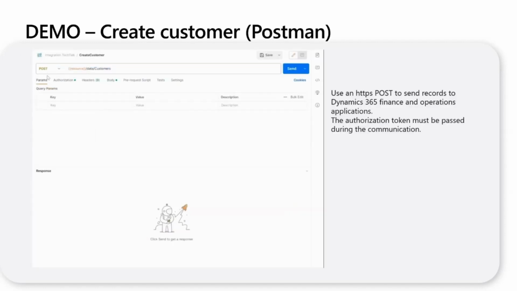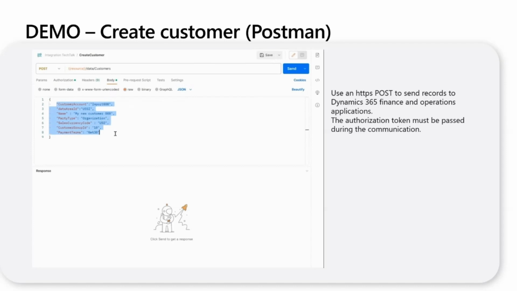Lastly, we are going to use the OData endpoint to create a customer. So we set up the HTTPS POST call against the customer entity, and we provide the authentication token as usual. In the body, instead, we put the required information, again in JSON format.